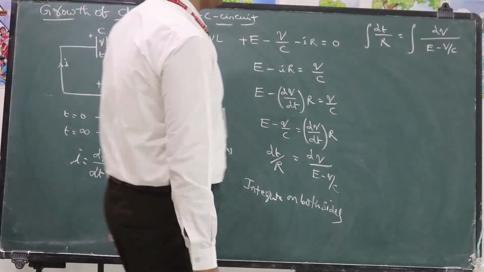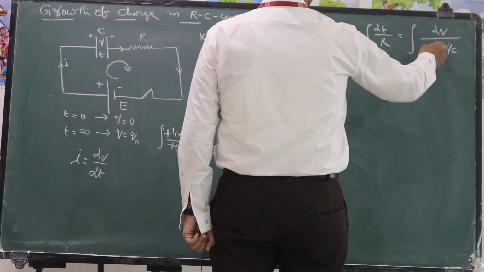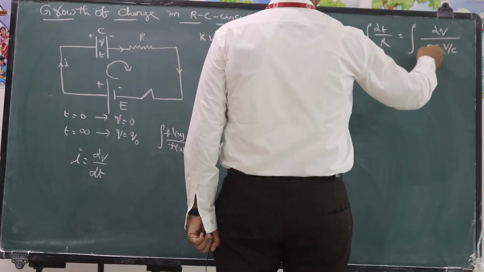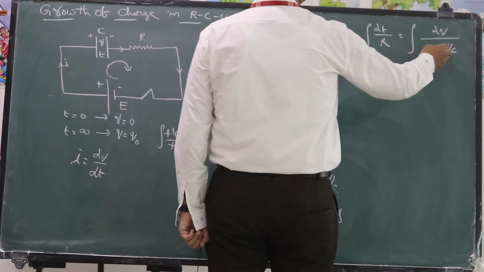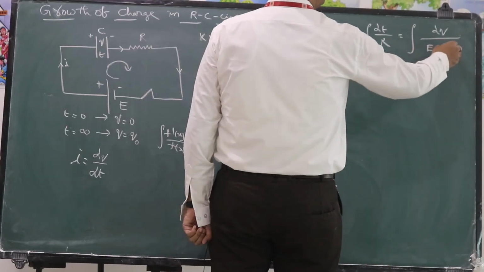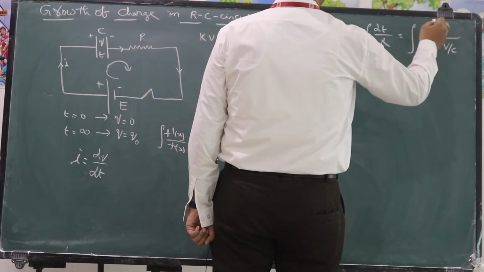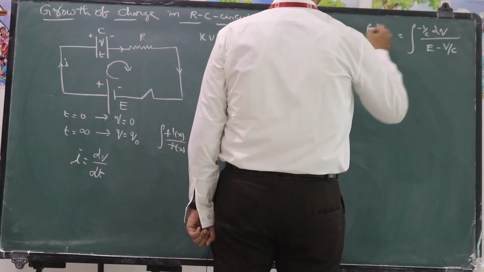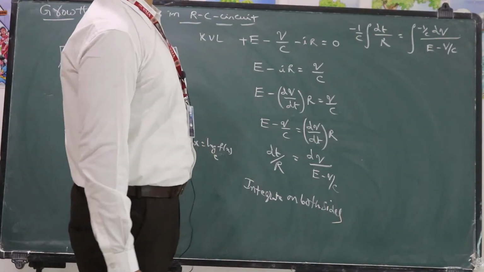Similarly, if I find the derivative of the denominator, the derivative of E is 0, it's a constant. Minus q by C has derivative minus 1 by C dq. So let me multiply with minus 1 by C on both sides.